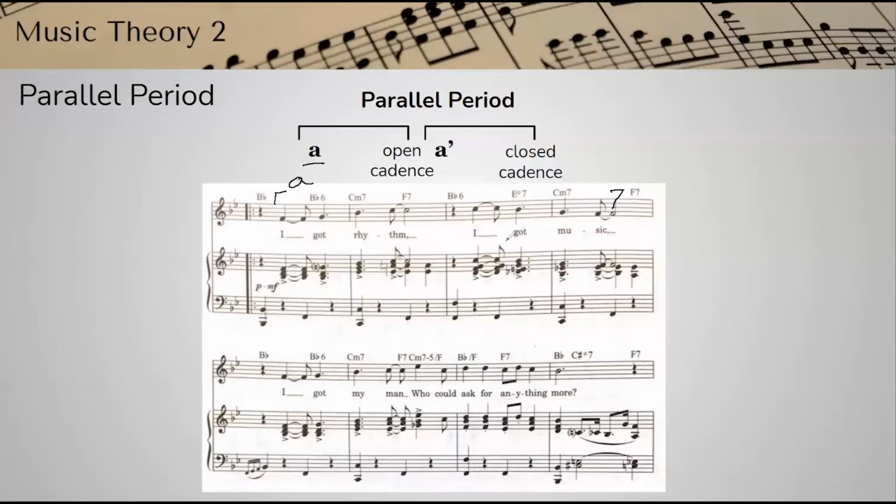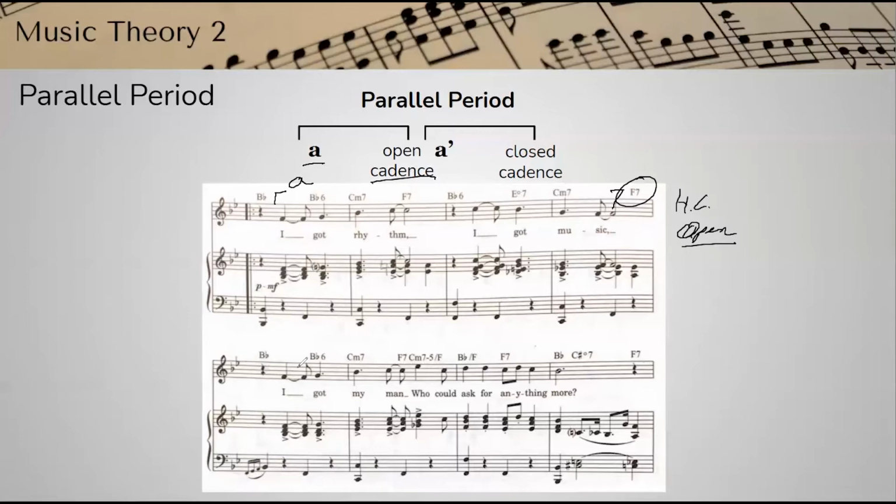And it ends with an open cadence because it ends on this F7. We know that if that's at the end of a phrase, that's a cadence. And a cadence on the 5 chord is called a half cadence, which is one of our open cadences. So this is an A phrase that ends with an open cadence. That sets up the next phrase. That's our antecedent phrase. It has to go on.